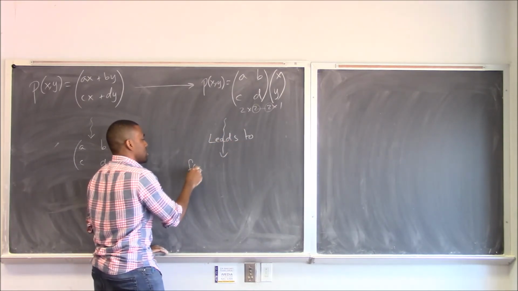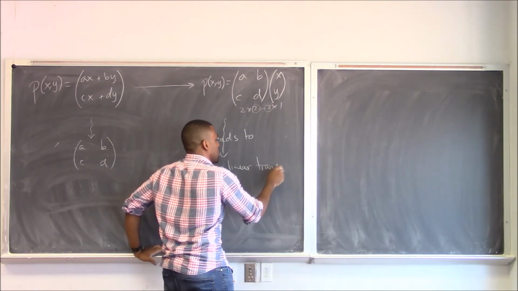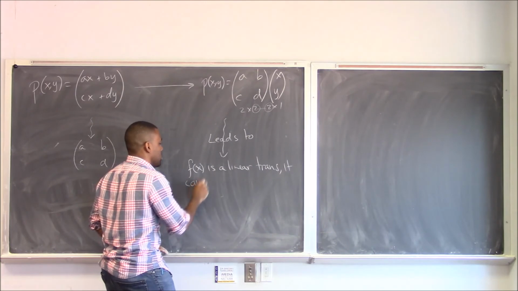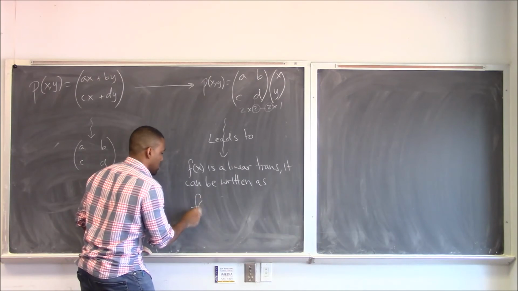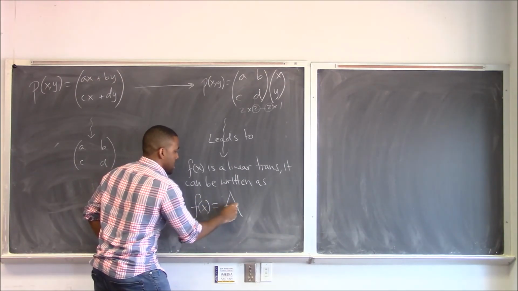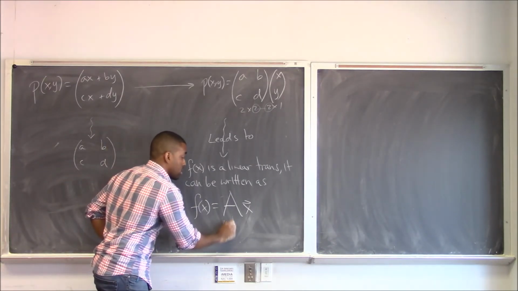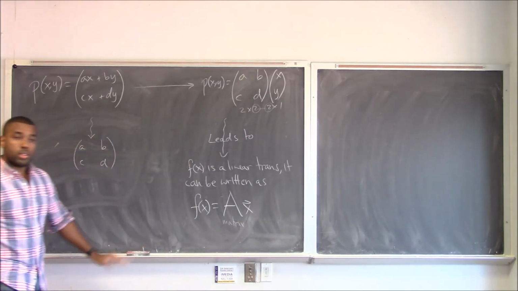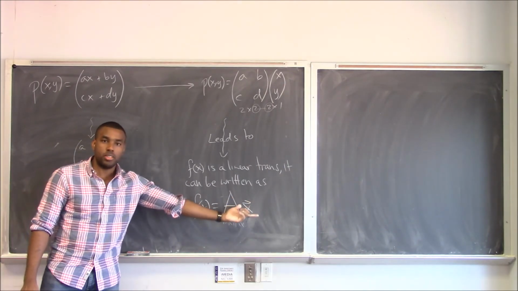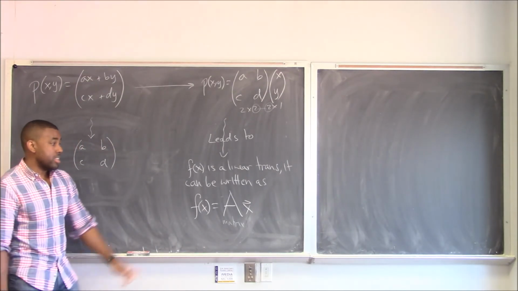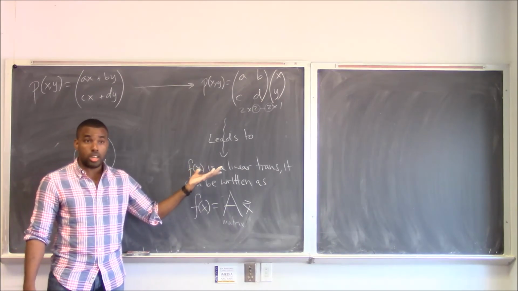If f of x is a linear transformation, it can be written as A times some vector x, where A is a matrix. The fact that I can conceptualize a linear transformation as a matrix times a vector is very convenient. And then knowing facts about the matrix in front can tell me facts about the function itself.